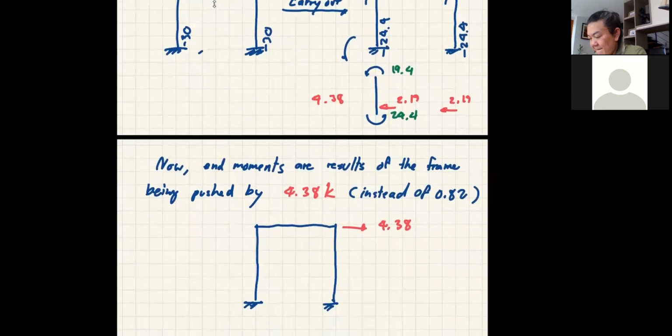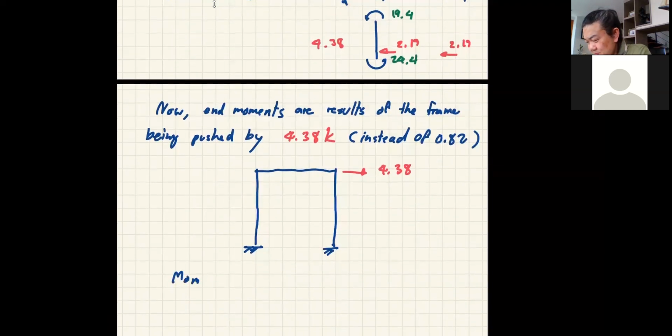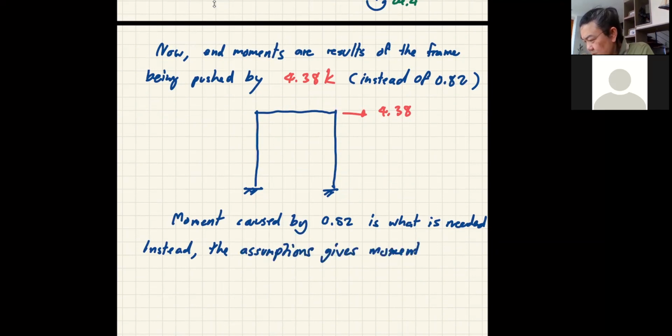So now, the moment caused by 0.82 is what is needed. Instead, the assumption gives moment due to 4.38.